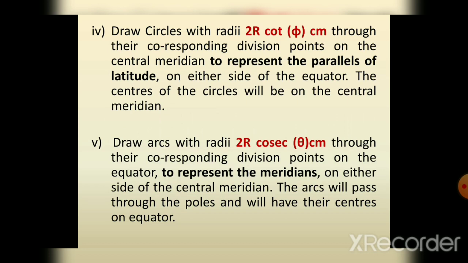And finally, you have to label all the meridians and the latitudes. You have to put the heading or the title, and write down the representative fraction in the bottom part. Now I am going to show you this construction part on the board.